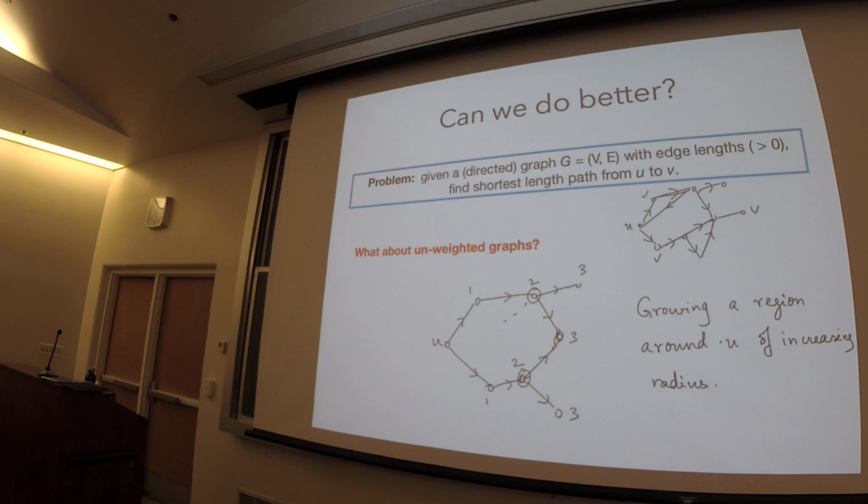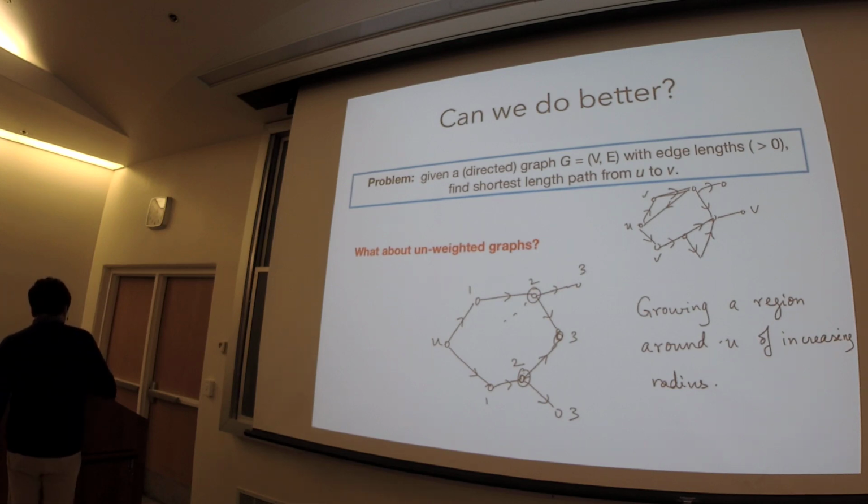Okay. So how long does this take? Just the number of edges. Right, so this is basic breadth first search. Each edge is explored exactly once. Right, so it's number of edges, m.